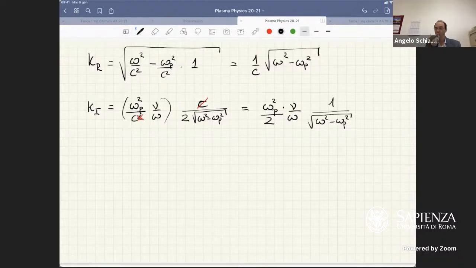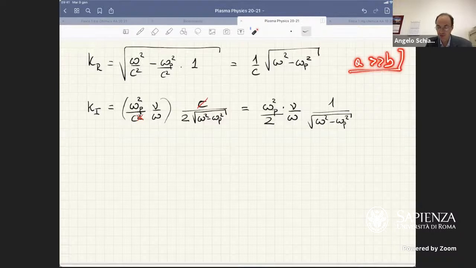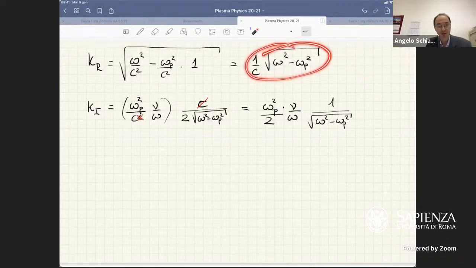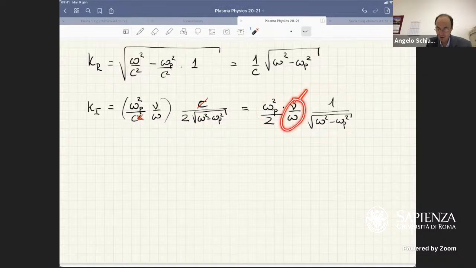As you can see, now we can verify that our assumption, if you remember, that A is much larger than B is satisfied. This is A, the real part, and this is B. If you see here, we assume that for our purpose this factor is a number much smaller than 1.